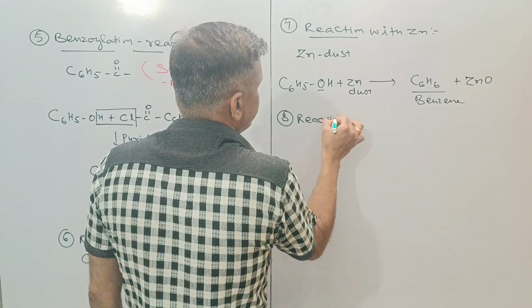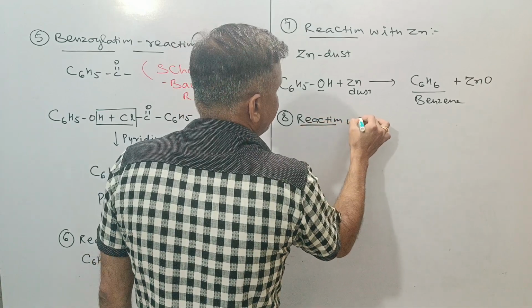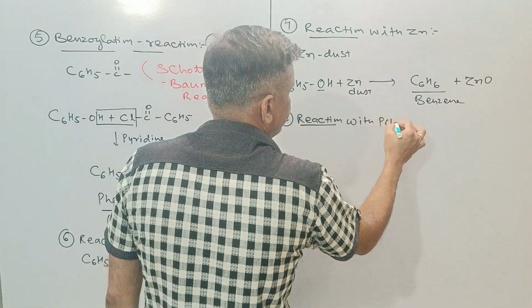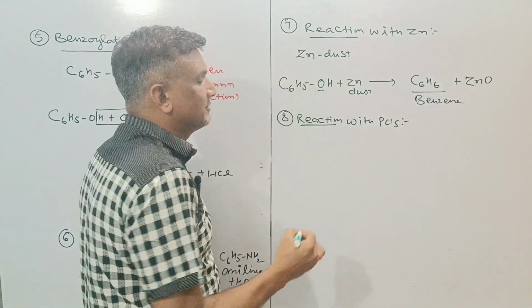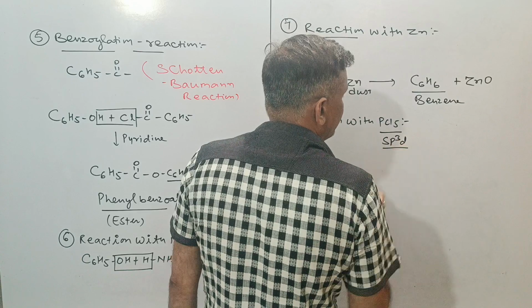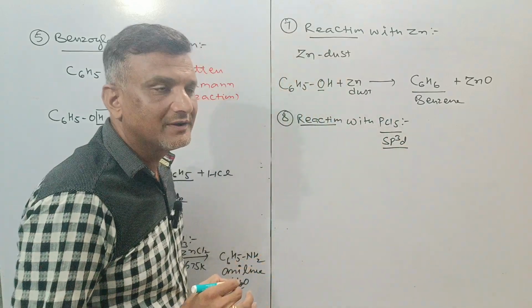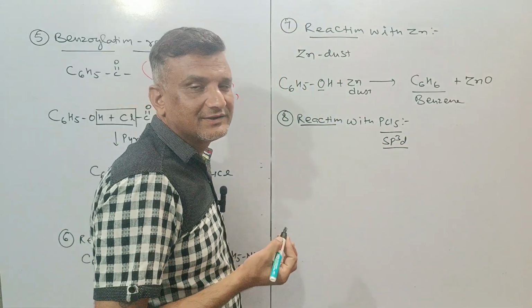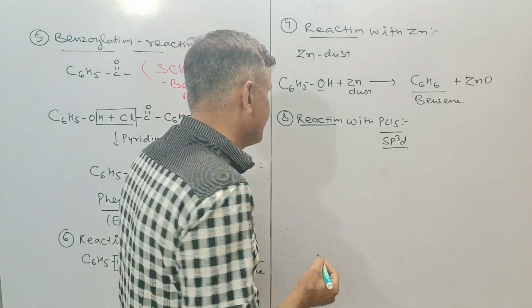If we go with the further reaction, then we can say reaction with PCl5. PCl5, you all know about the PCl5. It is an sp3d hybridized molecule with a trigonal bipyramidal structure in the gaseous or solution state.